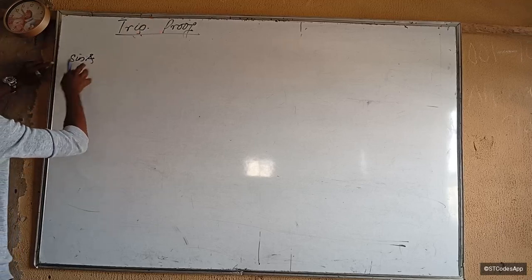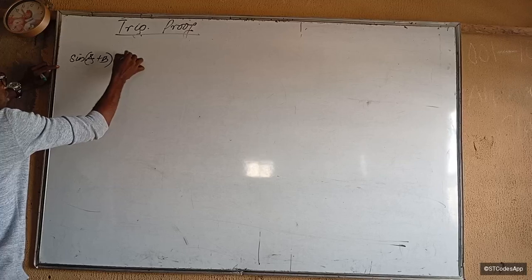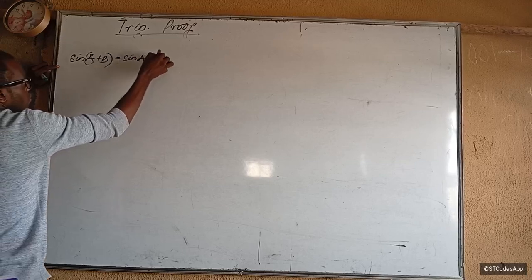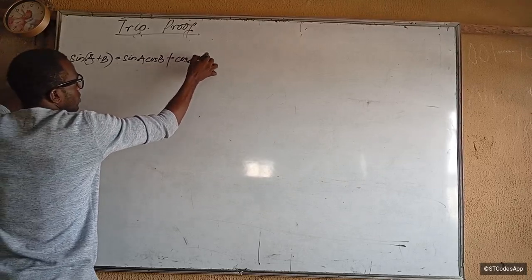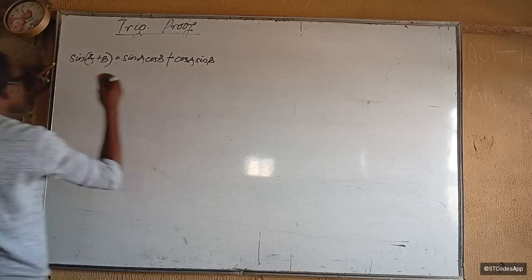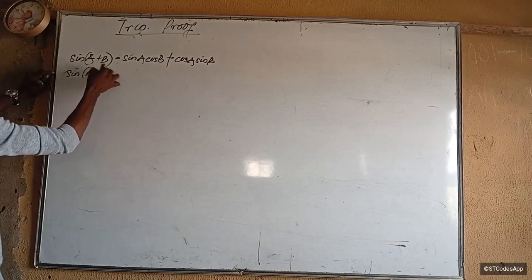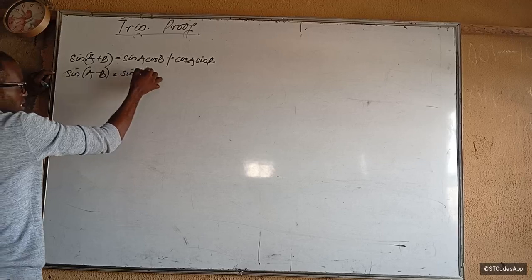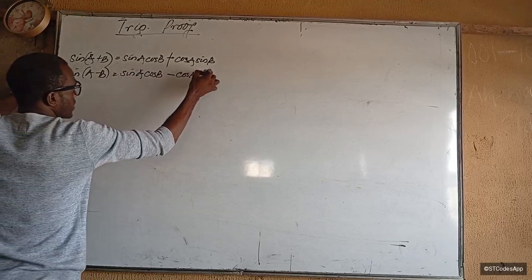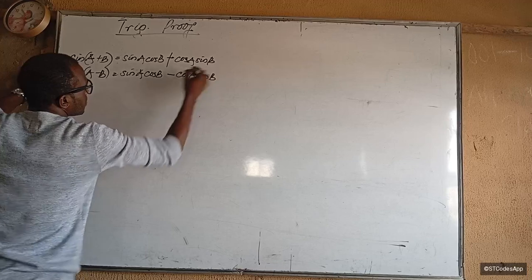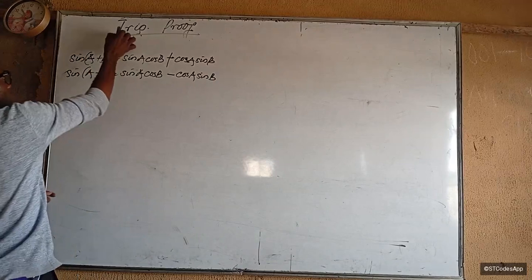Sine of A plus B gives us sine A cos B plus cosine A sine B, and the sine of A minus B gives us sine A cos B minus cos A sine B.